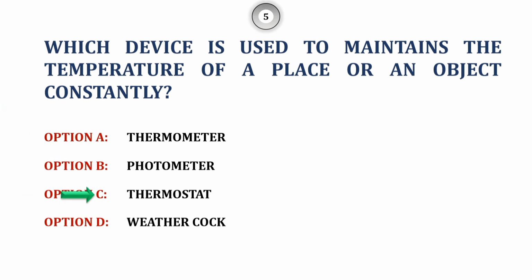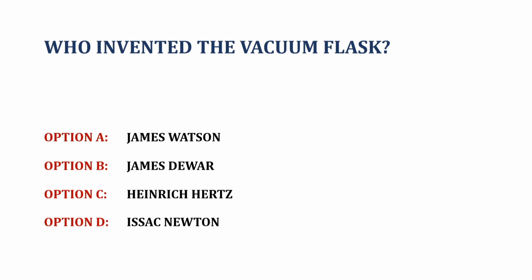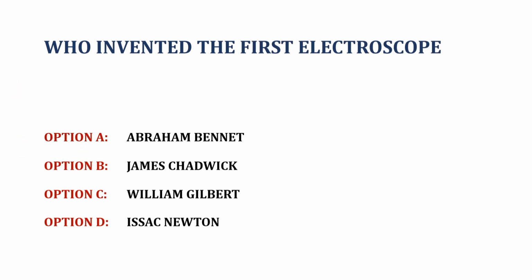Option C. Thermostat. Who invented the vacuum flask? Option B. James Dewar.